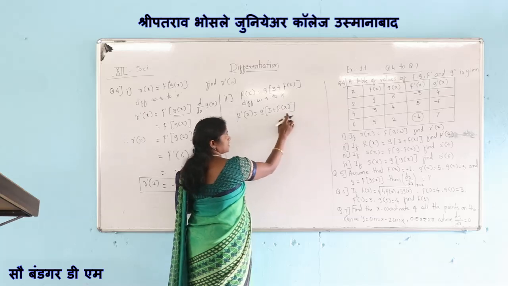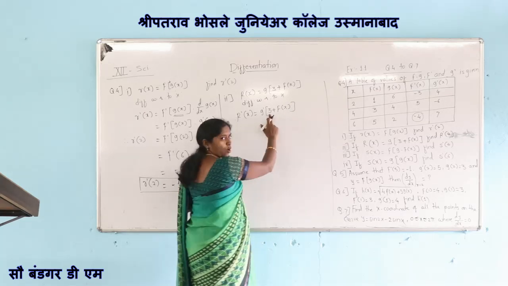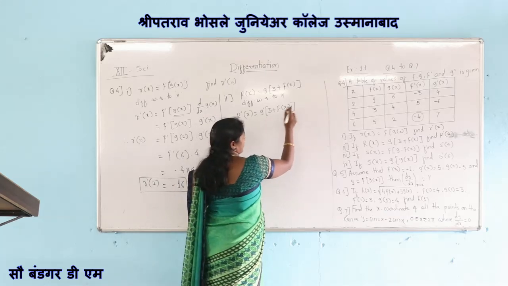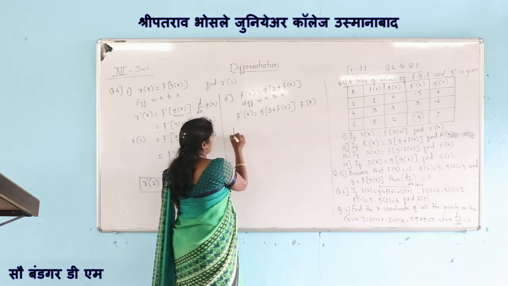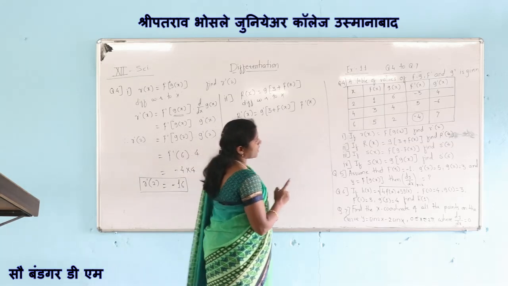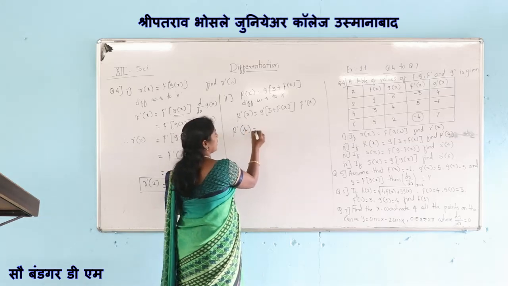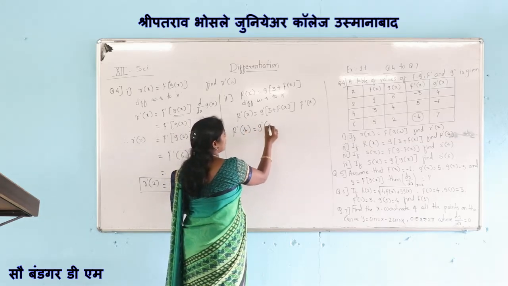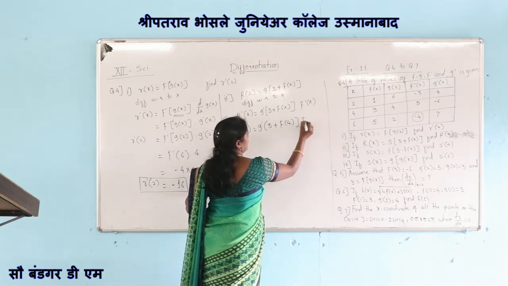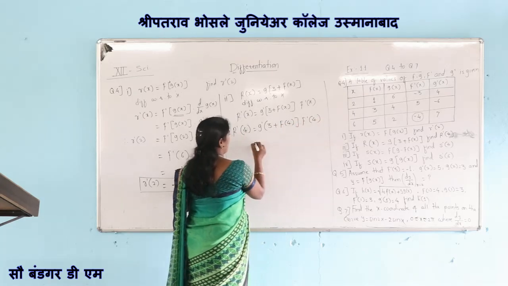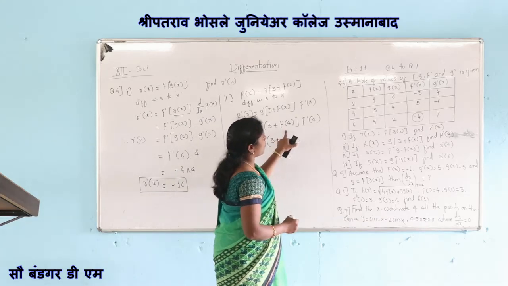Now, instead of x there is 3 plus f of x, and the derivative of 3 is 0, it is a constant. The derivative of f of x is f dash x. Now, we have to find r dash of 4. So, substituting x by 4, we get g dash of 3 plus f of 4 into f dash of 4.